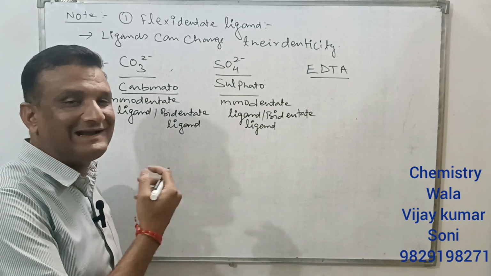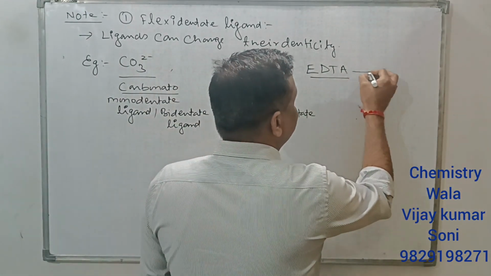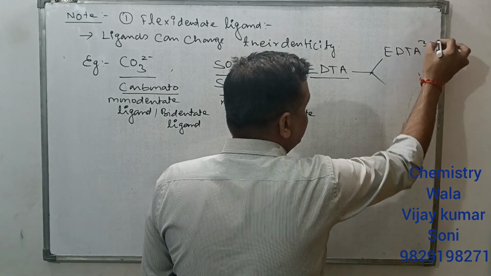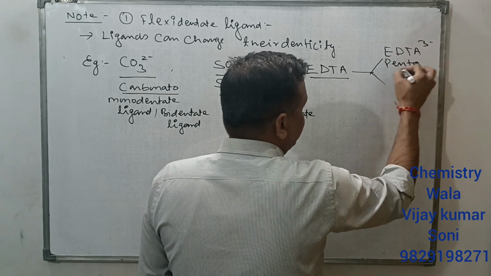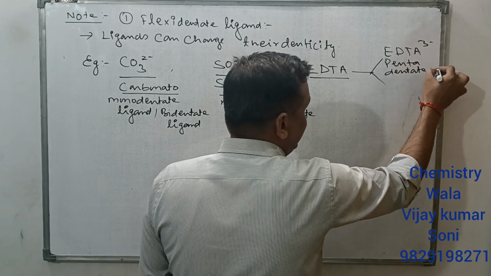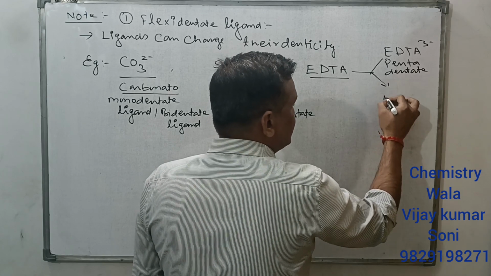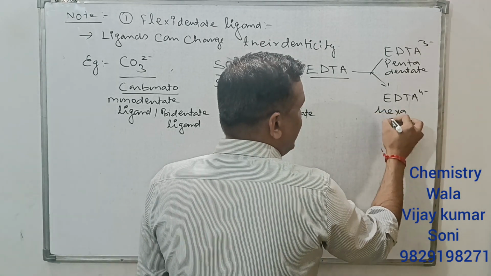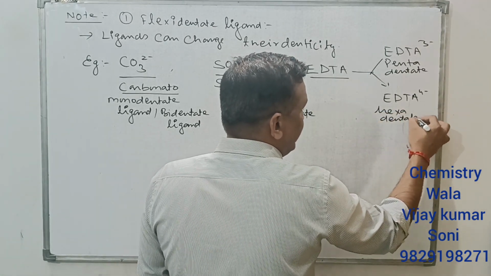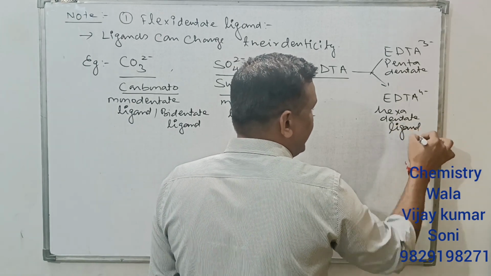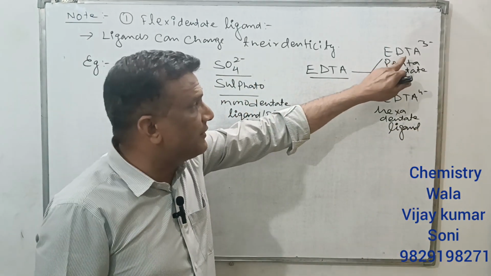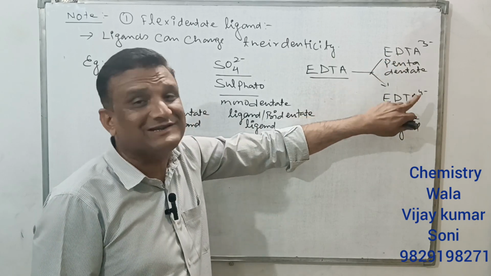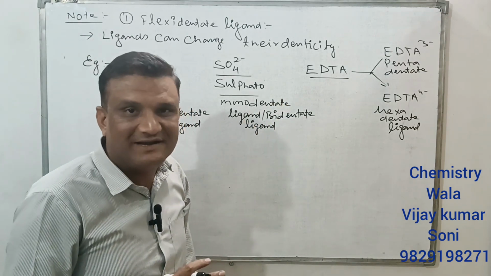EDTA 4 minus is a hexadentate ligand. Denticity is changing from pentadentate to hexadentate. Denticity changes from 5 to 6. It can be 5, it can also be 6. That's why it is called a flexidentate ligand.